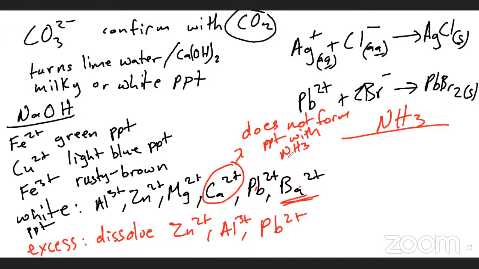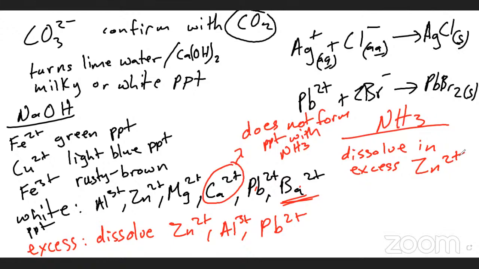The observation is the same for ammonia as for sodium hydroxide, with the exception being dissolving in excess. Continuing from zinc, aluminum, and lead, if it dissolves in excess, then you have zinc ion.